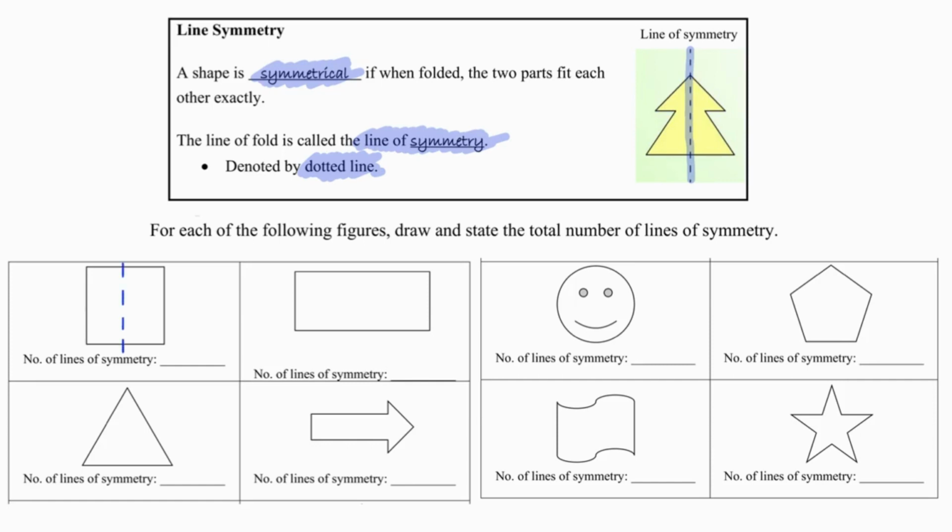There is one here, and there is another one here, somewhere in the middle. 2 already, right? Is that about all? No, since this is a square, it means that the diagonal, we are then able to have another line of symmetry. Same goes for the other diagonal of a square.